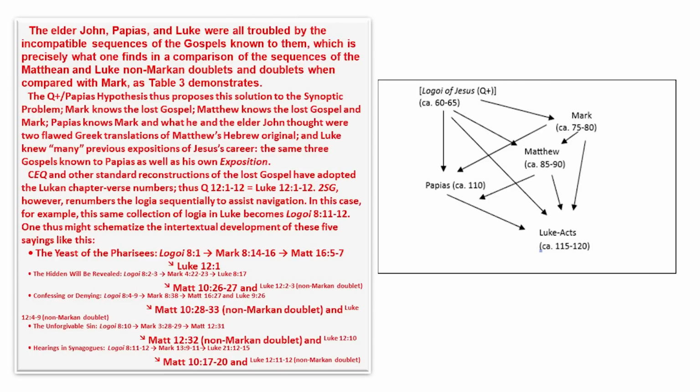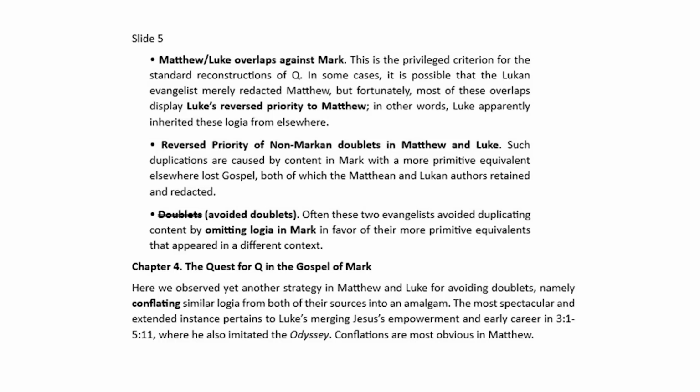Hold it right there. In the quest for Q in the Gospel of Mark, there's a common pattern called conflating. Matthew and Luke know the Gospel of Mark, and they redact it. But sometimes, in fact many, many times, either Matthew or Luke contains wording that's more primitive than what you find in Mark. Now, how does that happen?